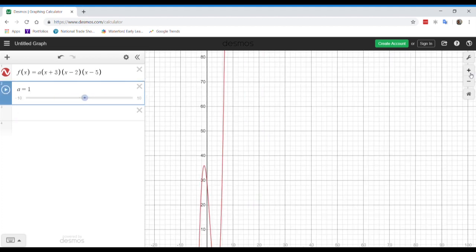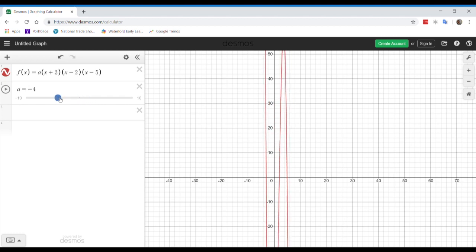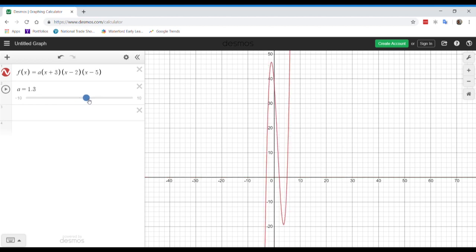Now, I'm going to put this back at 1, and what's going to happen if I make that a negative? Because that's another thing that can happen. If I make that a negative, wait a minute, notice that I have a reflection about the x-axis. So here I'll just leave it at negative 1.